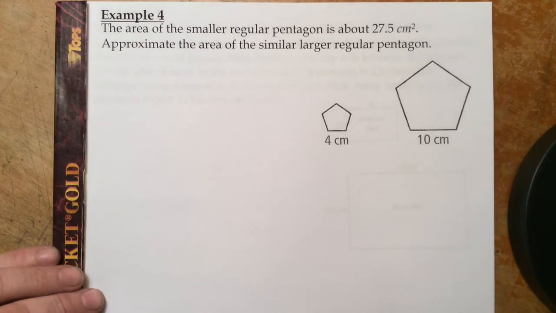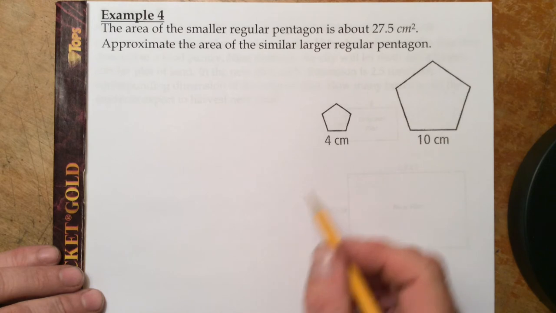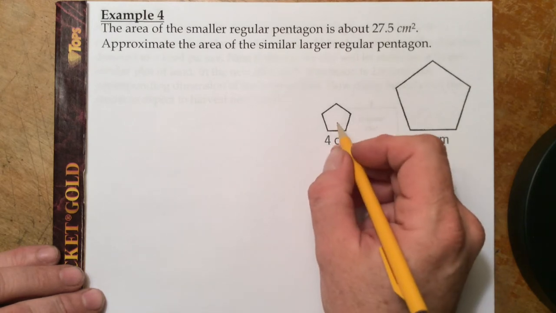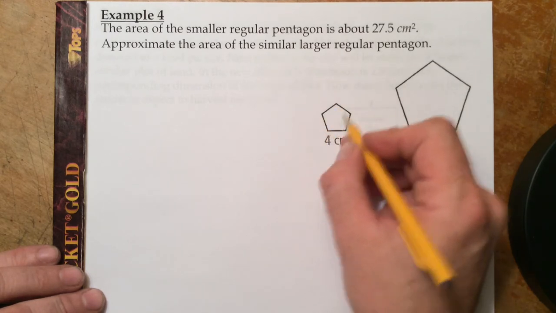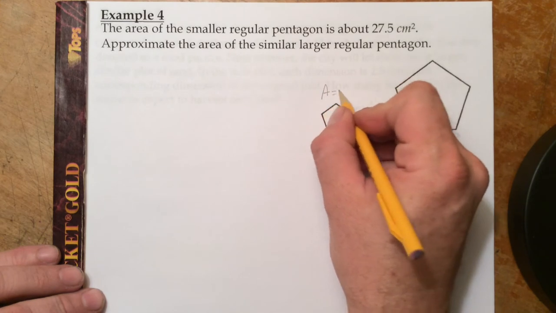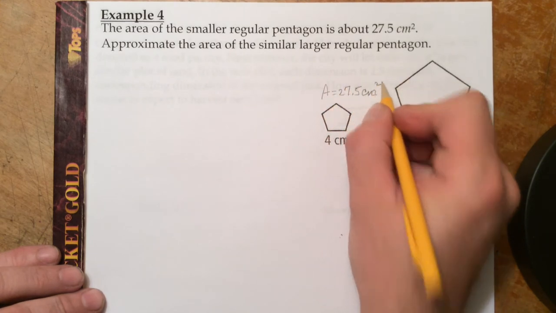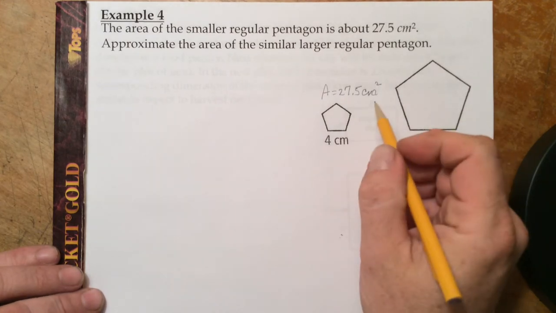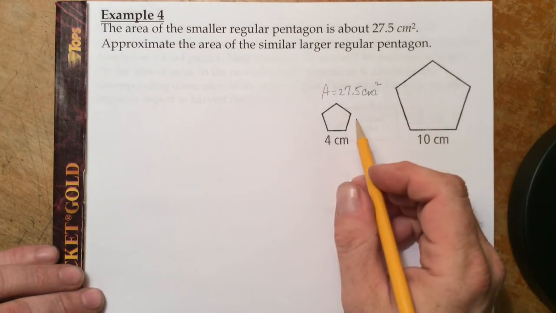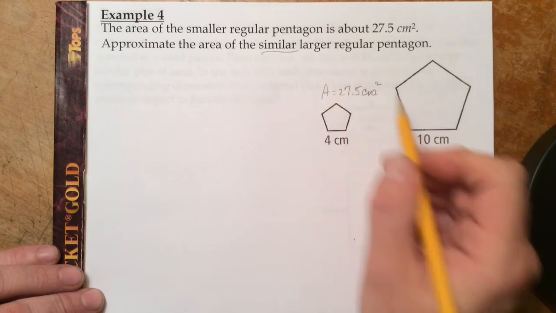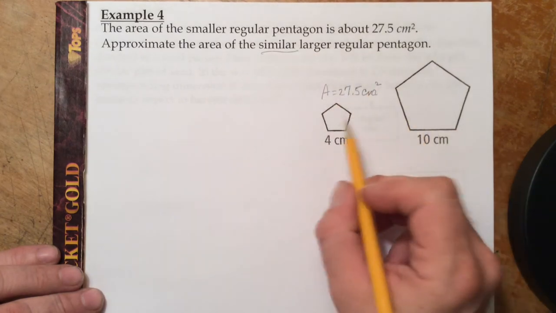Example 4. The area of the smaller regular pentagon is about 27.5 square centimeters. So we know the area of the smaller one right here is 27.5 centimeters squared. And they're asking to approximate the area of the similar, larger regular pentagon.